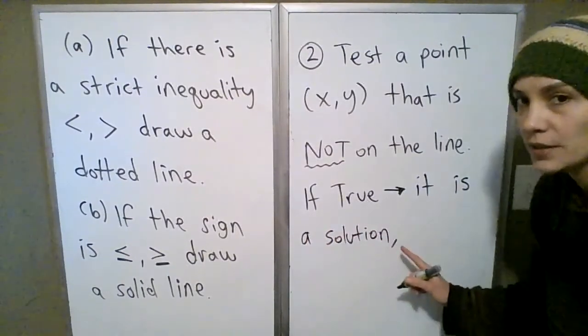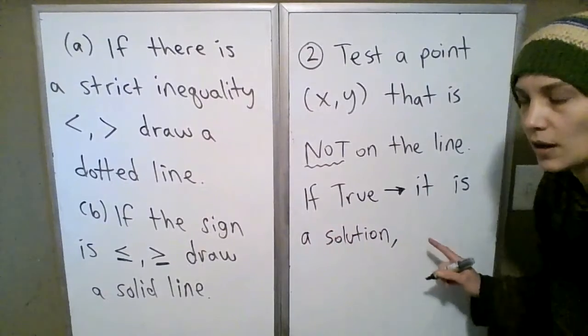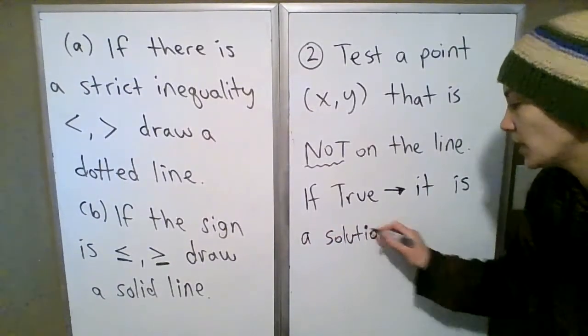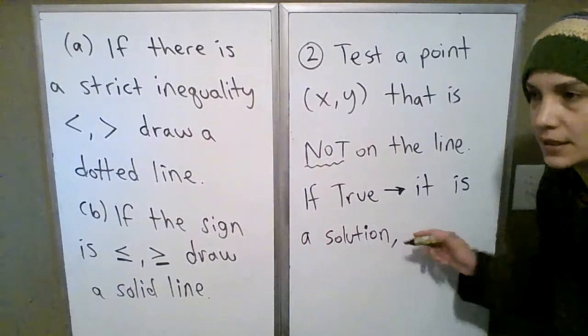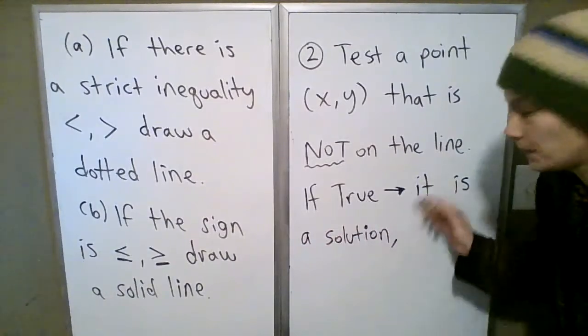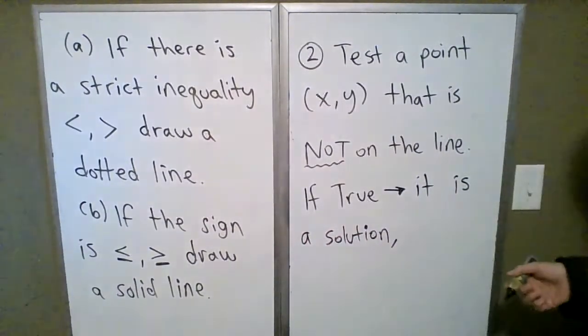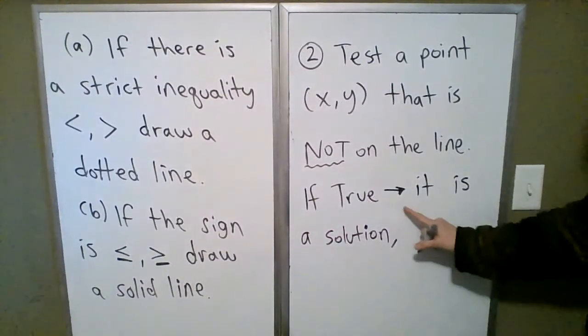And you want to shade over that point and all of the points on that side of the line. Which, by the way, you can test other points and find out that they're solutions or not. But you really need just one.